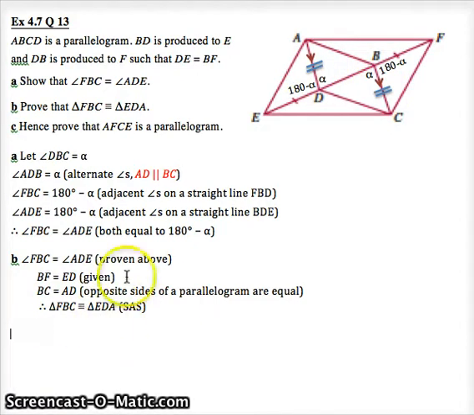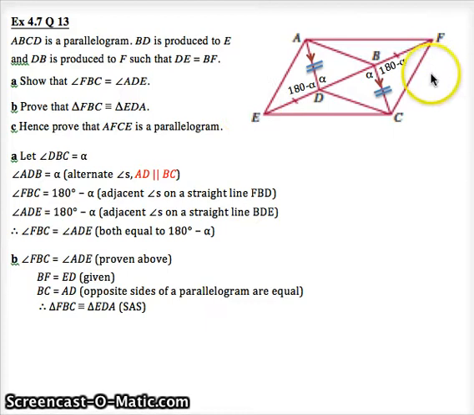In part C, we have to prove that ACFE is a parallelogram. Now, there are four different tests that we can look at to prove that we have a parallelogram. Because we've just proven that triangle FBC and triangle EDA are congruent, we'll use information from that to help us with this proof. We're basically going to look at AE and FC.